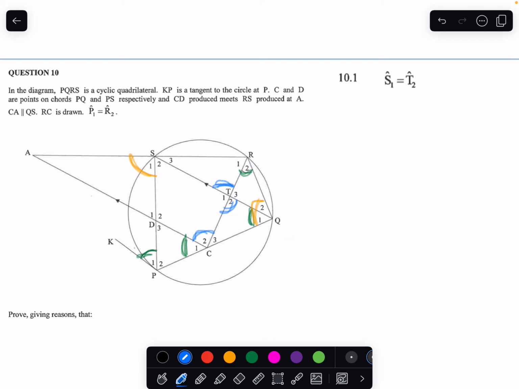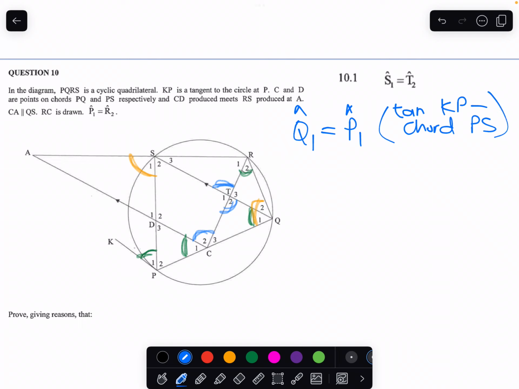I'm too scared to erase it because what if I forget my train of thought? So we said Q1 is equal to P1 because of the tangent being KP and the chord being PS.